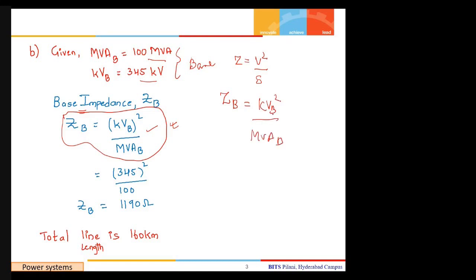At the numerator you have the voltage in kilovolt, and the denominator is complex power in mega, so you have to take it as 10 to the power 6. Otherwise, you will be committing a mistake in determining the base impedance. So the base impedance we are getting is 1190 ohms, whereas the total length of the transmission line given to us is 160 kilometer.